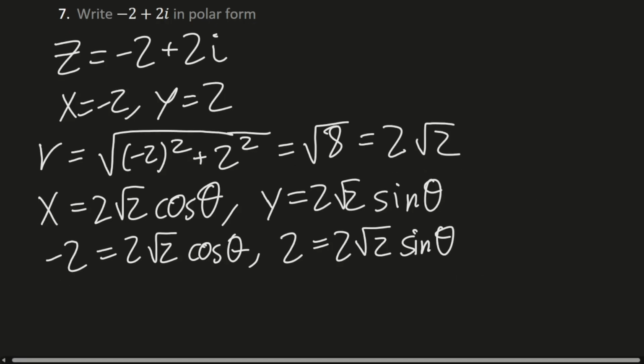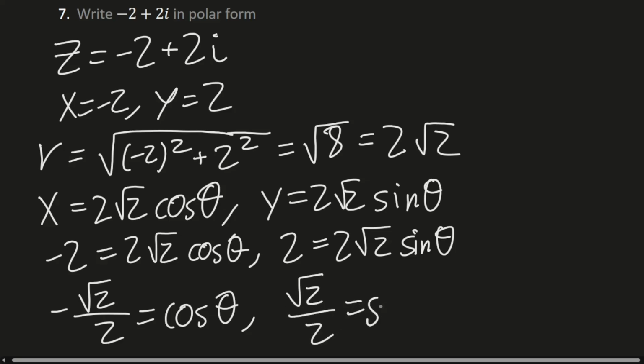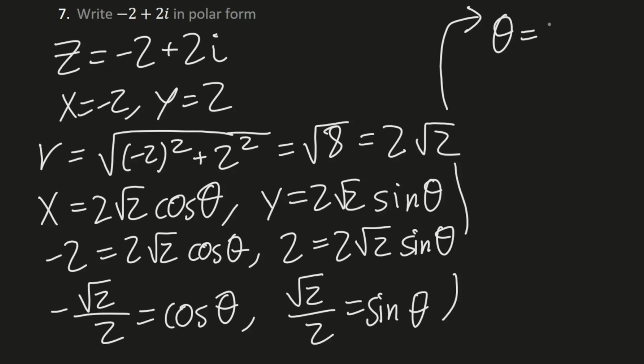So it would be negative square root 2 over 2 is equal to cosine theta. And then this one would be positive square root 2 over 2 is equal to sine of theta. And then so theta becomes a positive sine and a negative cosine. So that would be 3 pi over 4.